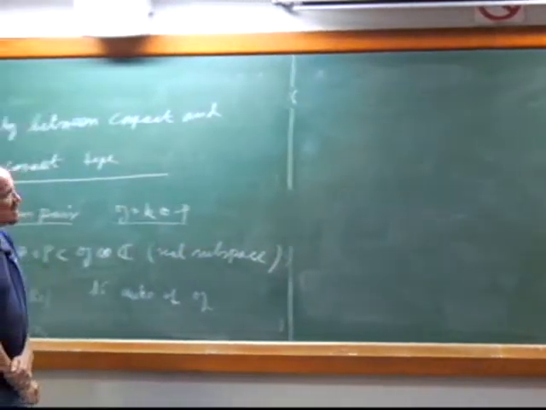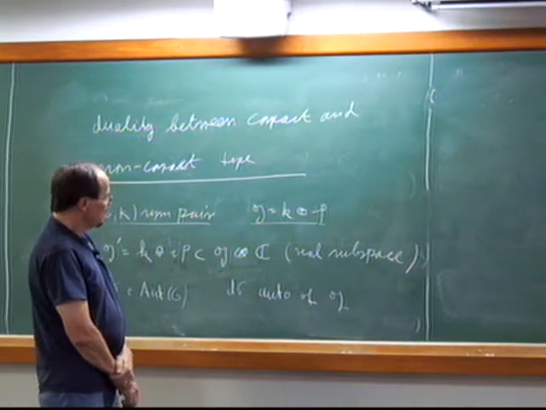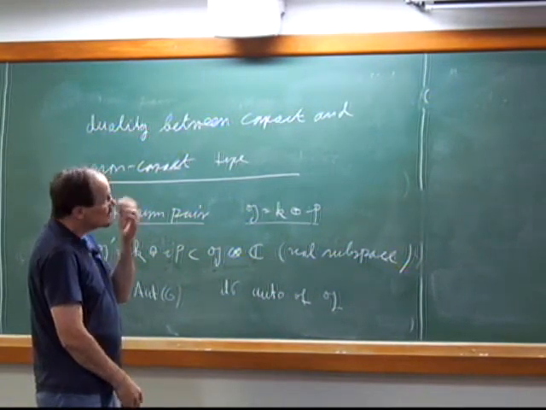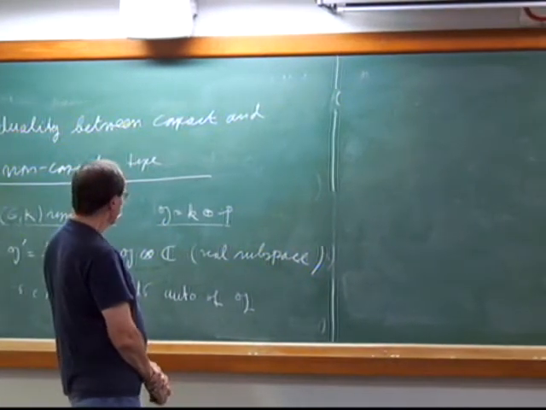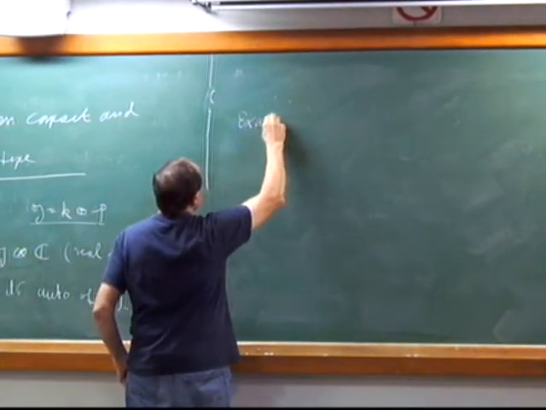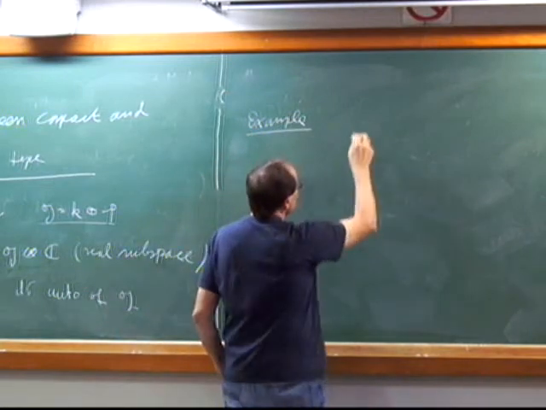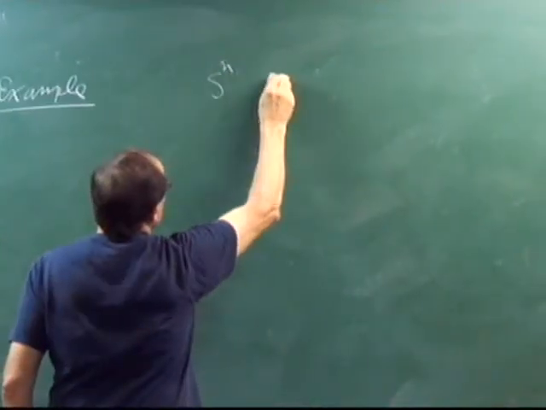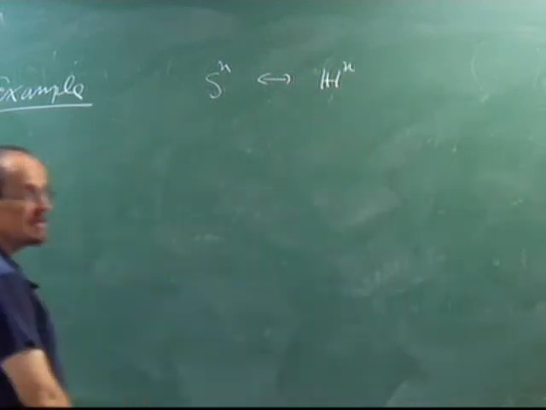As far as classification is concerned, the compact type is easier to classify. So I can do an example later on of how one classifies. But first, an example of duality. I think I mentioned at some point the most basic case is that hyperbolic space and the sphere are dual to each other.